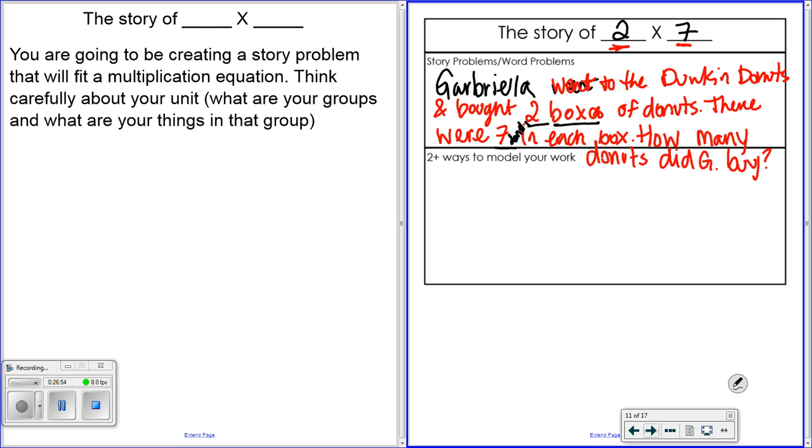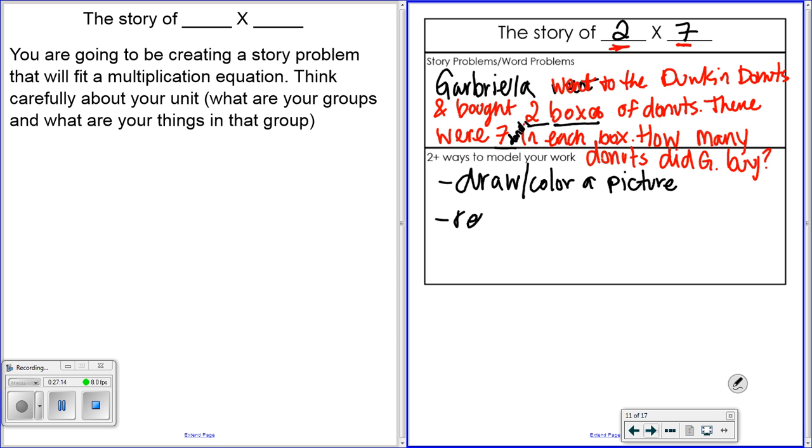Down here it says 2 ways to model your work. You are going to draw, color a picture.